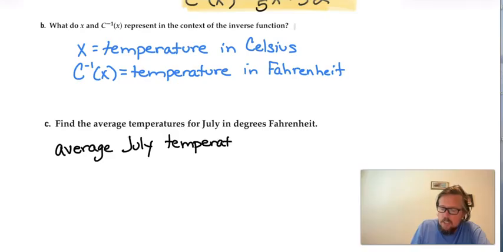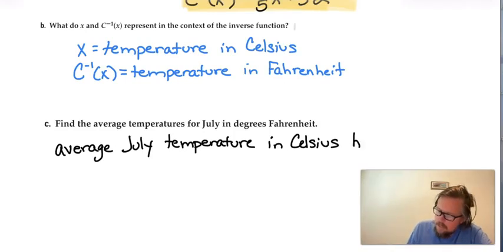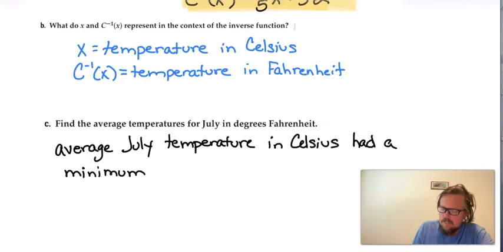The average July temperature in Celsius. I don't know when you use Celsius or centigrade. Anybody know when you use Celsius versus centigrade? Are those interchangeable?